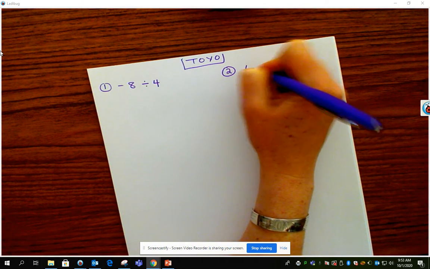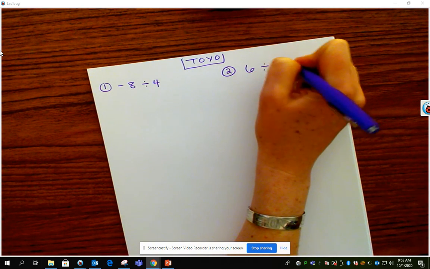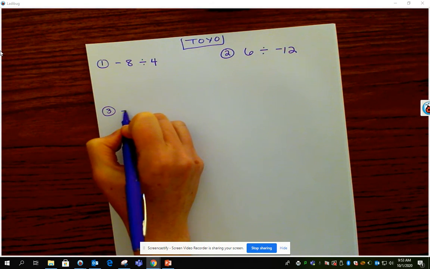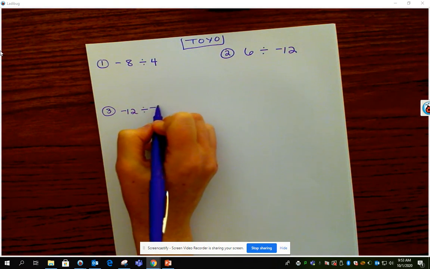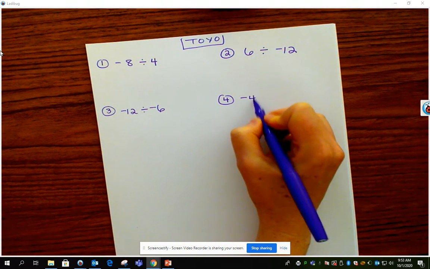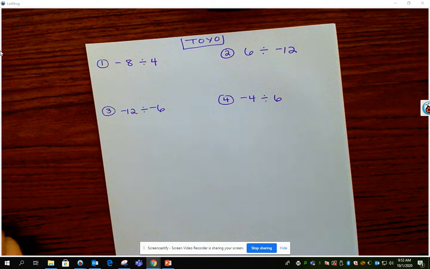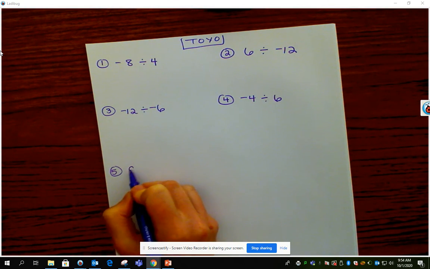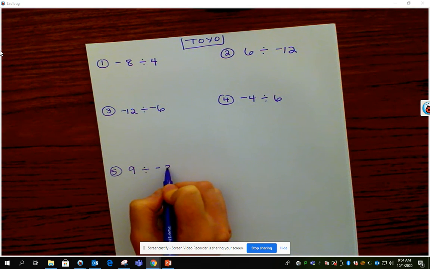We have 6 divided by negative 12. We have negative 12 divided by negative 6. We have negative 4 divided by 6. We have 9 divided by negative 3.